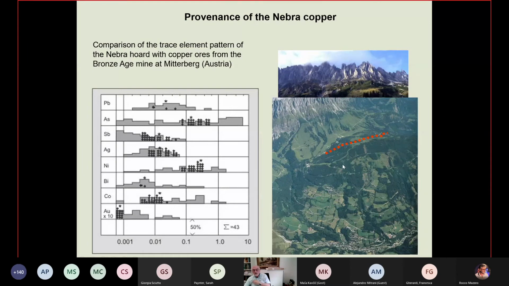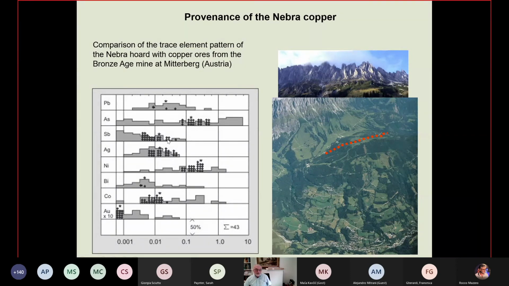Mitterberg is a copper mine in Austria in the Eastern Alps, and it is one of the earliest investigated prehistoric copper mines. It was already investigated in the 19th century, and it is nowadays estimated that it supplied some 20,000 tons of copper in the entire Bronze Age, Central European Bronze Age.